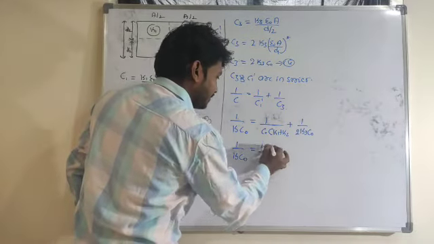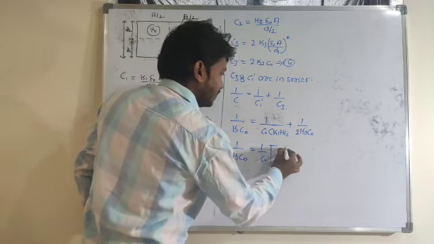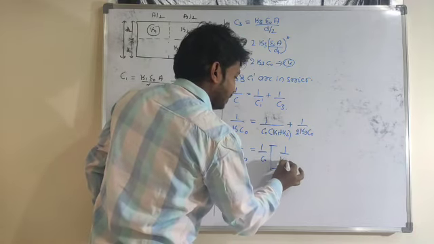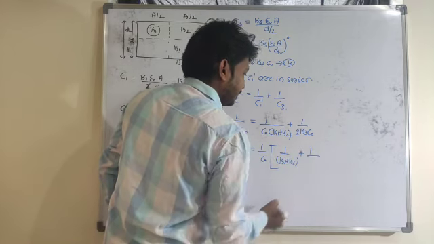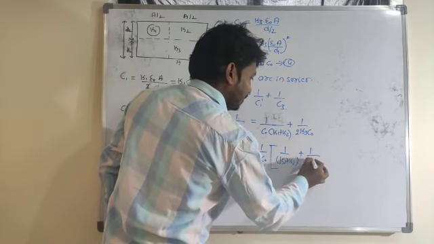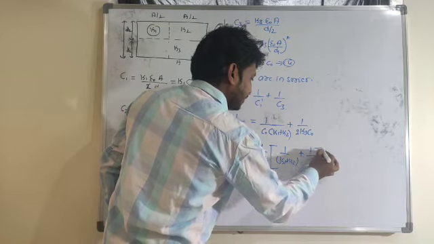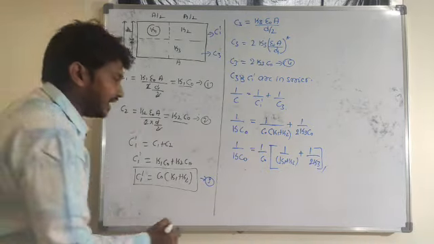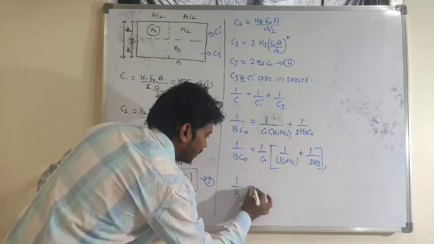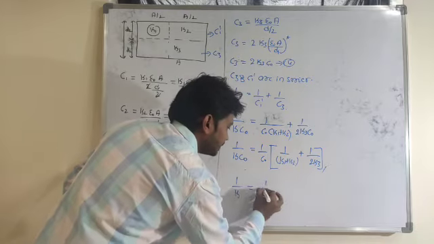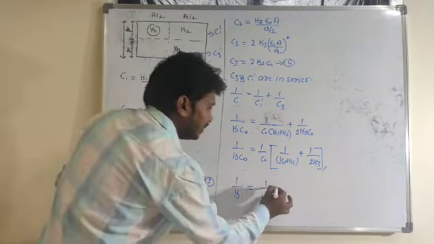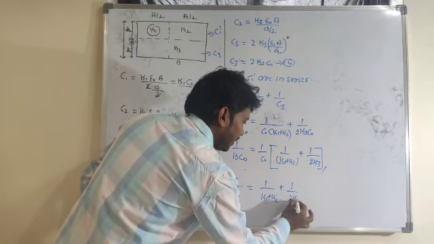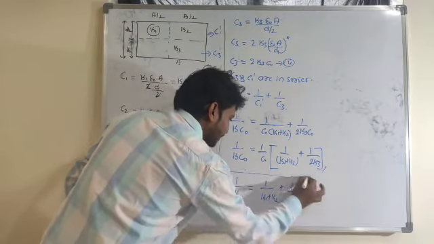Shall I take that C naught as common here? 1 divided by K1 plus K2, plus 1 divided by 2 times K3. So the effective dielectric constant will be 1 by K is equal to, what is our answer? 1 by K1 plus K2, plus 1 divided by 2 times K3 here.